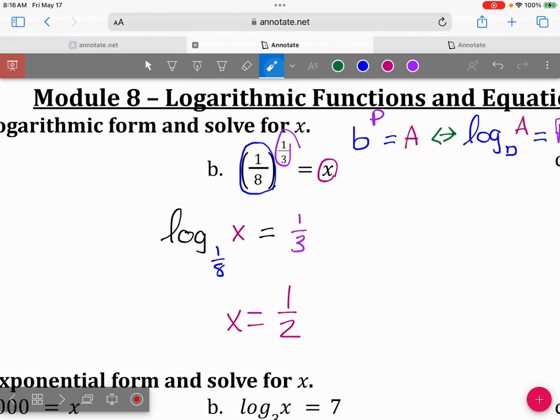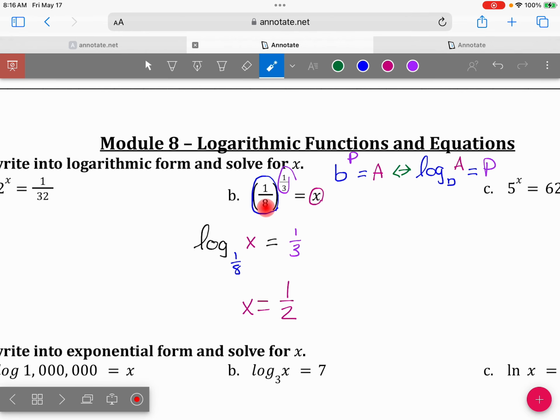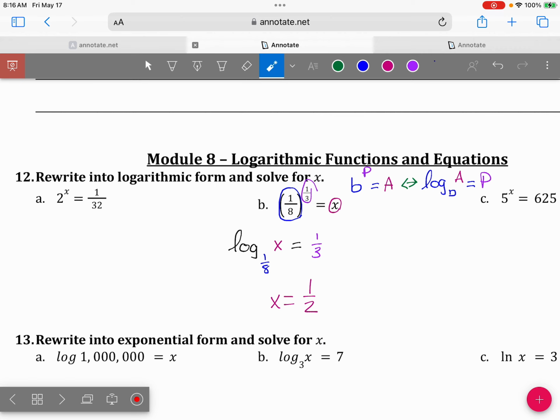So we've written this into our logarithmic form. But to get our actual answer for x, it's honestly easier in our exponential form. When x is your argument, it's easier from exponential form. Something like this, again, we could do as exponential form, or we could put it in logs and type it in the calculator.